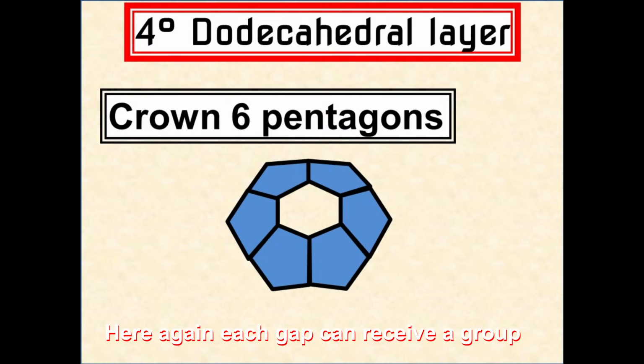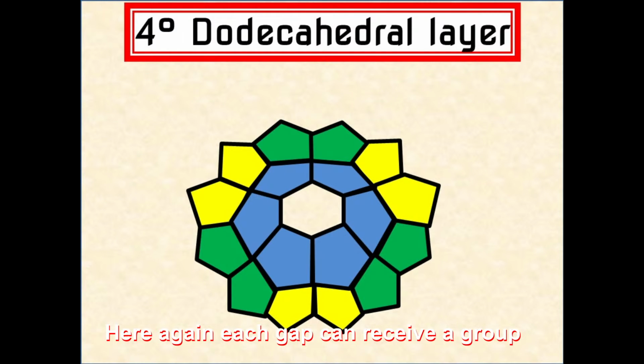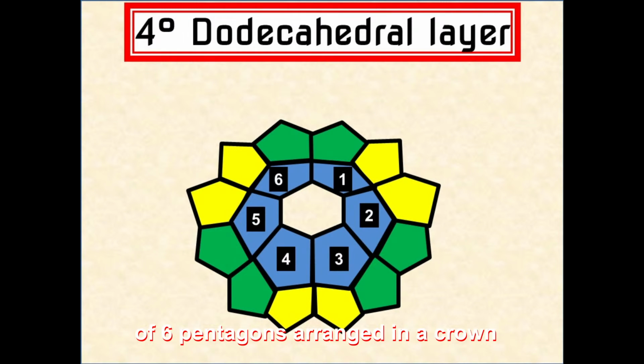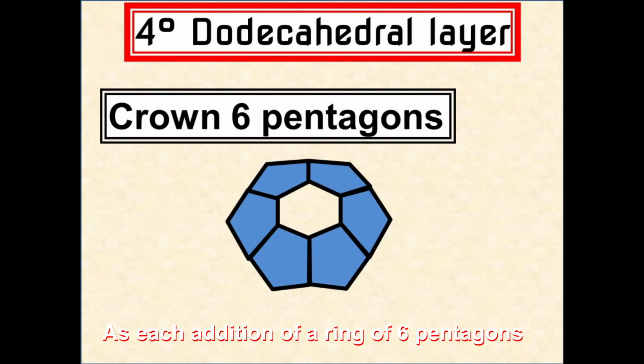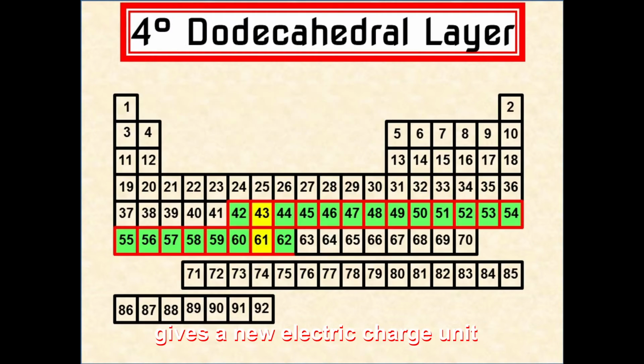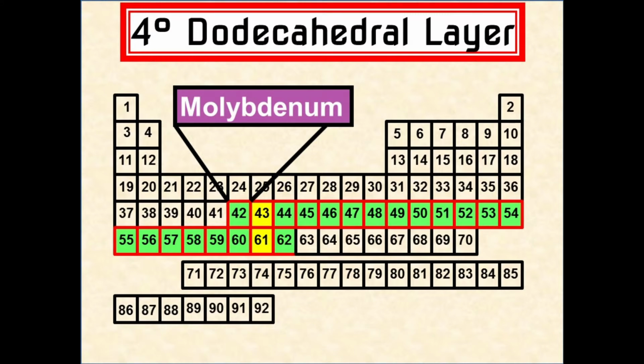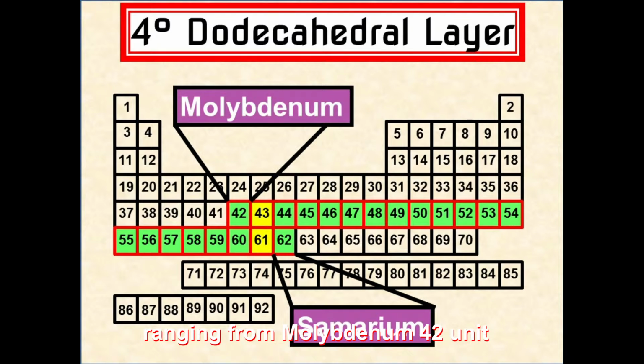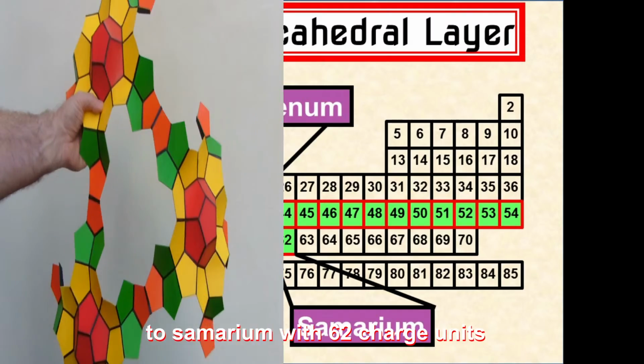Here again, each gap can receive a group of 6 pentagons arranged in a crown. As each addition of a ring of 6 pentagons gives a new electric charge unit, the fourth dodecahedral layer then supplies 20 nuclear elements ranging from molybdenum at 42 units to samarium with 62 charge units.